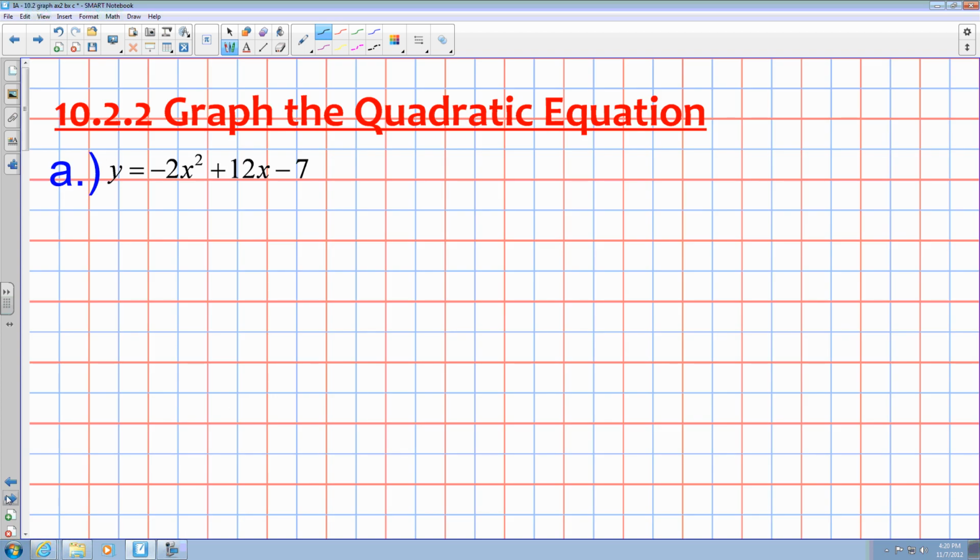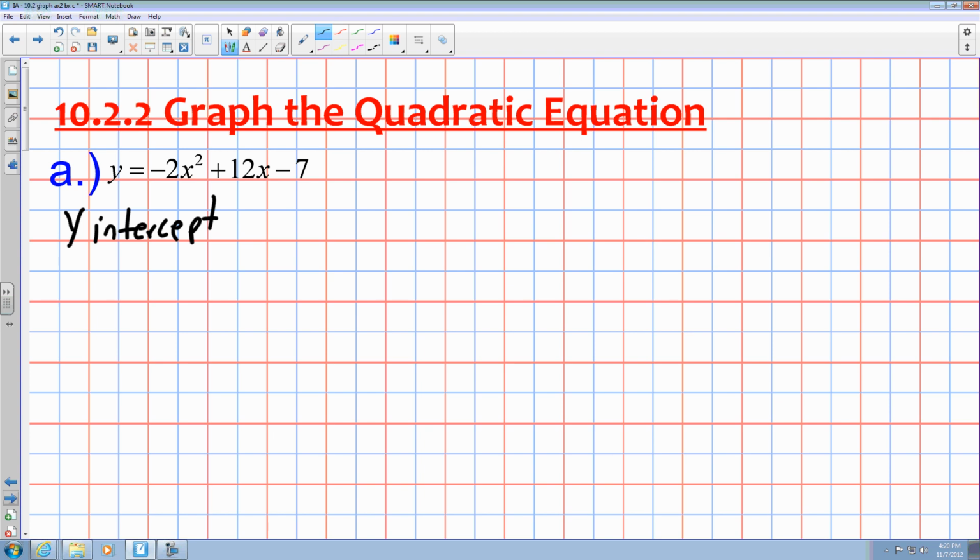The last thing in my examples is we are going to graph our quadratic equations. Now there's 3 things that I'm looking for in order to be able to graph the quadratic equations. One is we need to find the y-intercept.